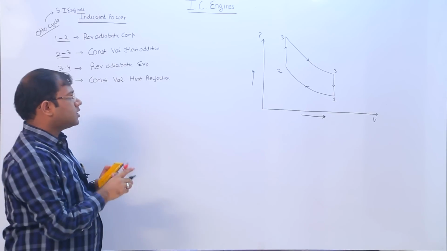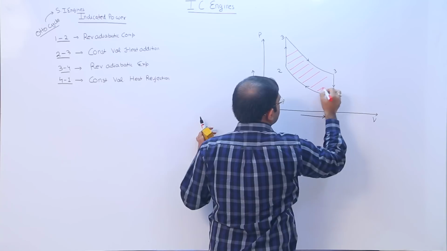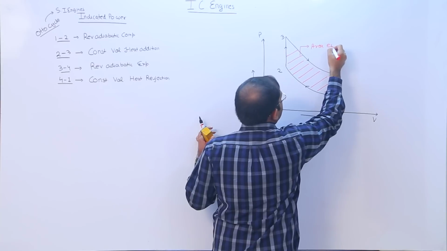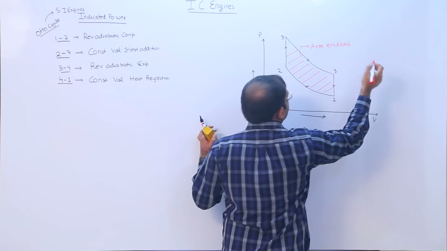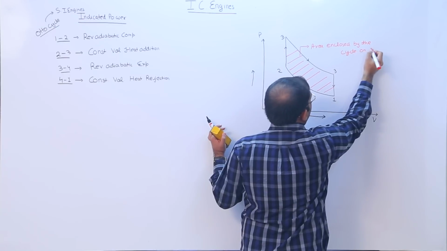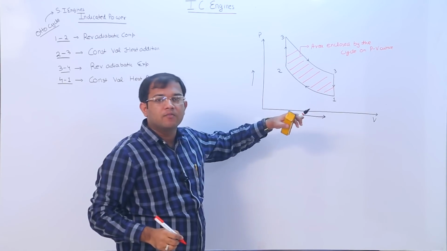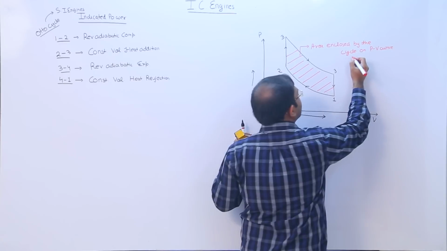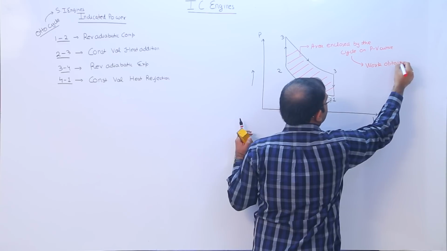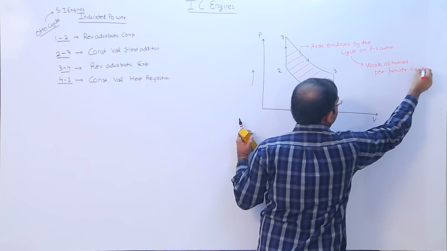Is it okay? Now see, this area is nothing but the area enclosed by the cycle on PV curve. And from first law and from basics of thermodynamics, we note that this area is nothing but work obtained per power cycle.